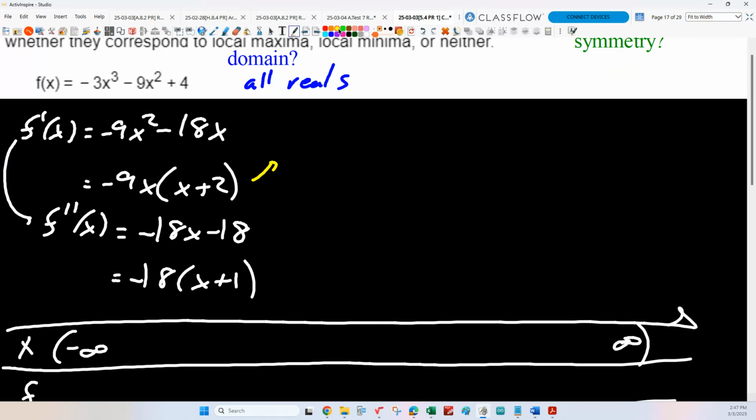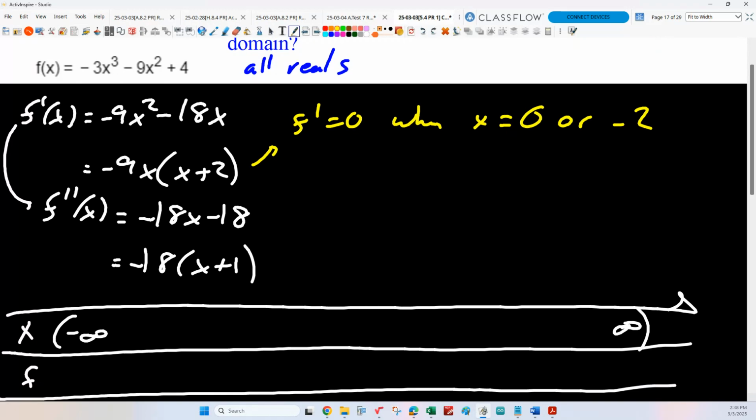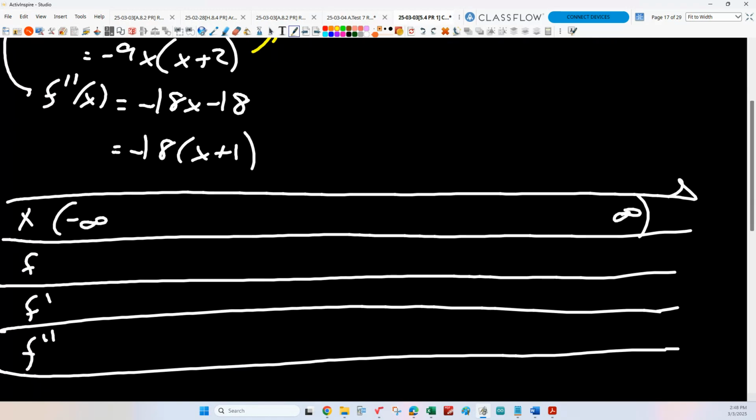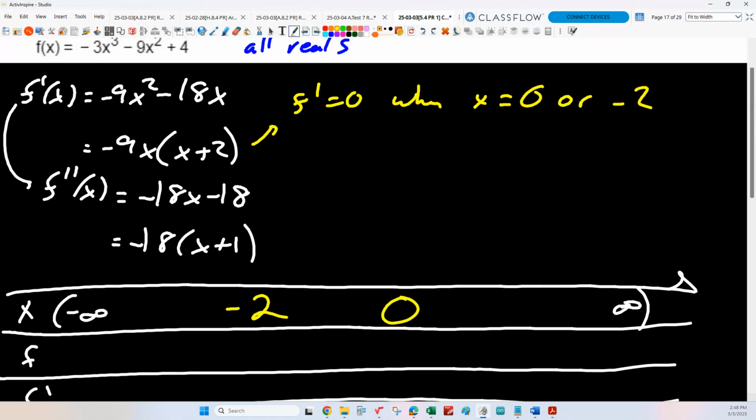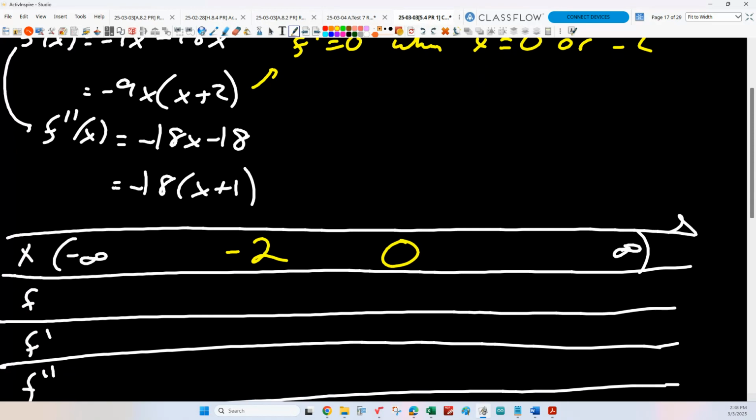So we know that f prime equals 0 when x equals 0 or negative 2, right? Those are the zeros of our first derivative. Okay, so negative 2 and 0. Where is the second derivative equal to 0?